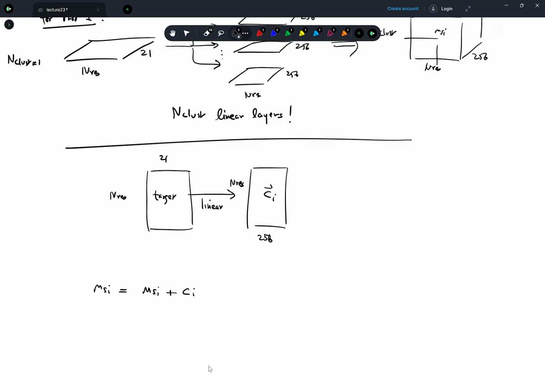Does that make sense? There is no S index here, so that means it is the same position being added to all the layers.